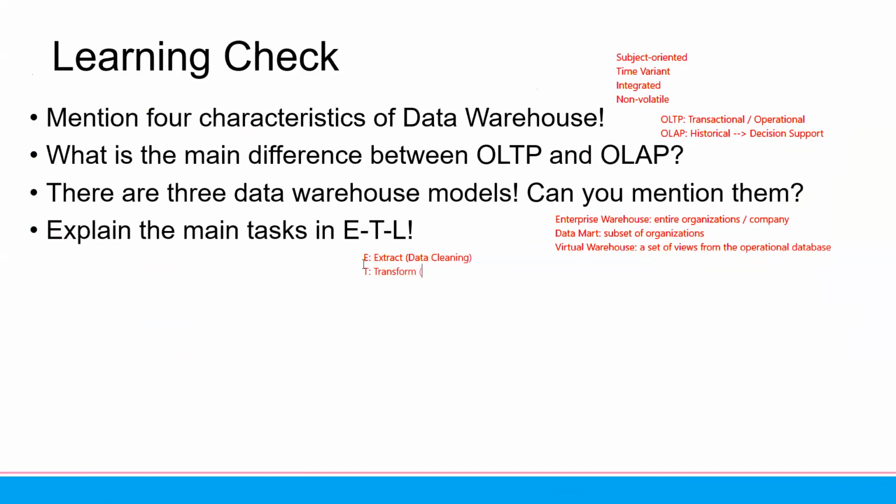So you learned about the transformation in the previous chapters. And then L means load. So load means we can do many things like the summarization. We can do many things for the loading. It depends on the data.